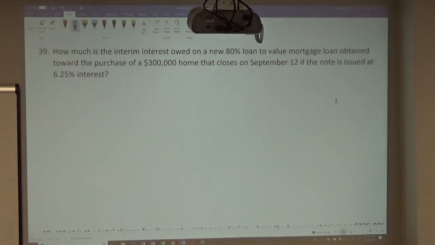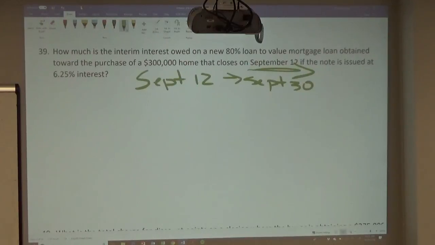Well, interim interest is always going to be from the day of closing forward. So, in this case, from September 12th through September 30th. Because it's always from the day of closing till the end of the month.